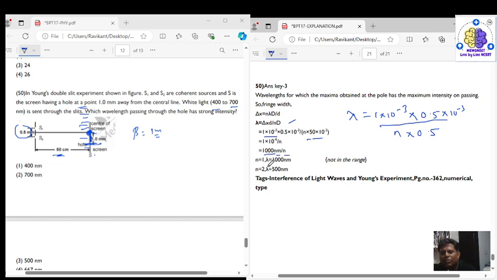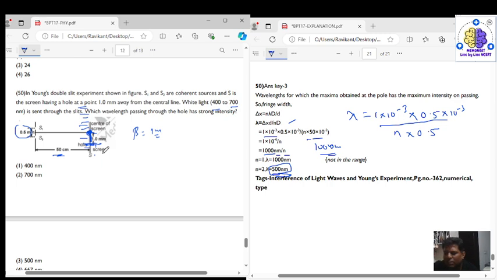So for n equal to 1, lambda will be equal to 1000 nanometer, which is not in the range. For n equal to 2, lambda will be equal to 500 nanometer, right? So for the second bright fringe, light of wavelength 500 nanometer will have its maximum intensity, that is maxima, at this point where there is a hole in the screen, right?